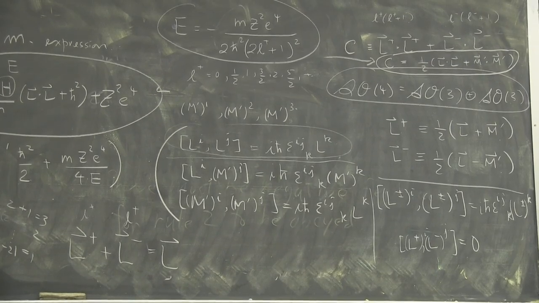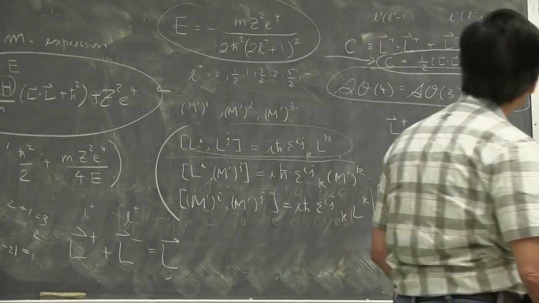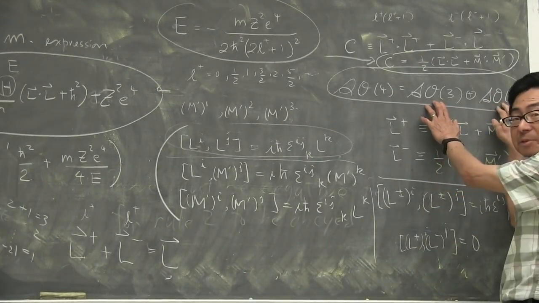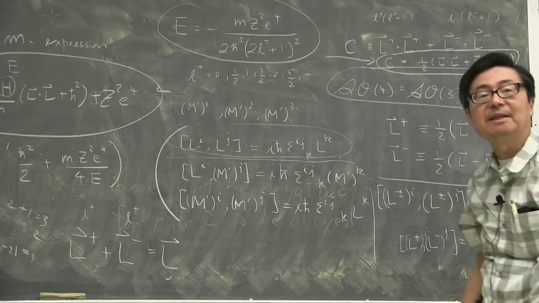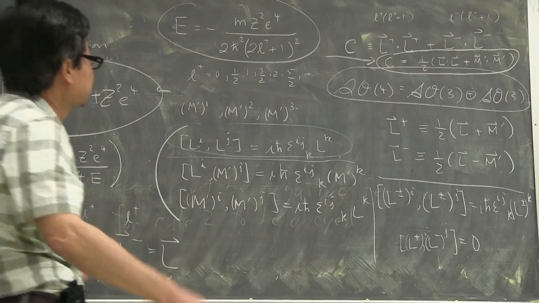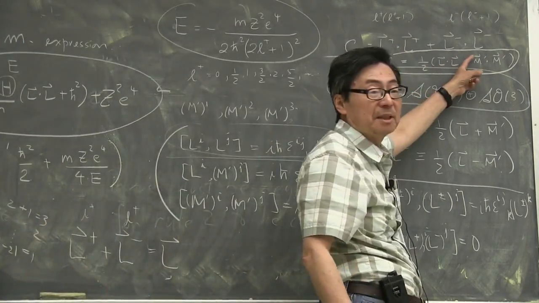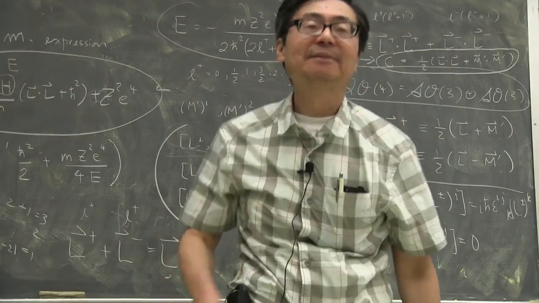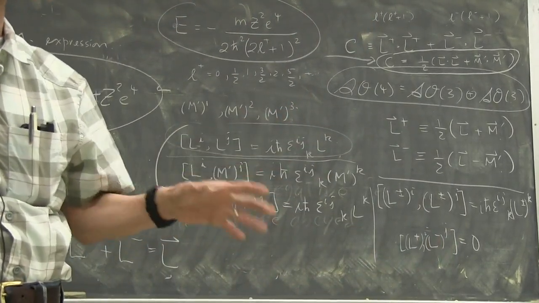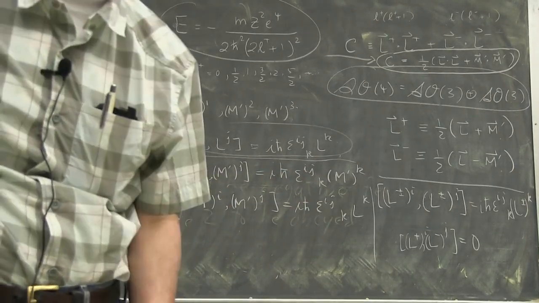Okay. How do we know that? We know that because each one of them is exactly the same algebra. So the eigenvalues must be exactly the same. And we know that C is just L plus plus L minus. It resides in the fact that it's the same Lie algebra. Therefore, the eigenvalues of the respective operators must be exactly the same.